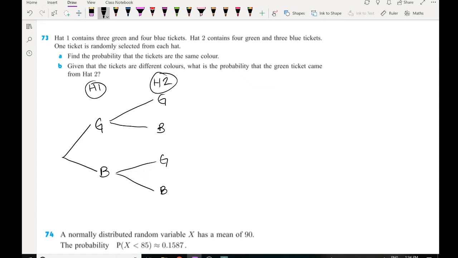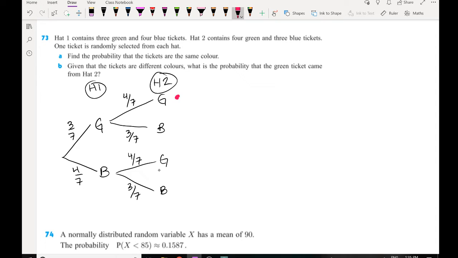And so, probability of green in the first hat is 3 out of 7. And for blue, it's 4 out of 7. Probability of green in the second hat is 4 out of 7. And probability for blue is 3 out of 7. Okay, find the probability that the tickets are the same color.